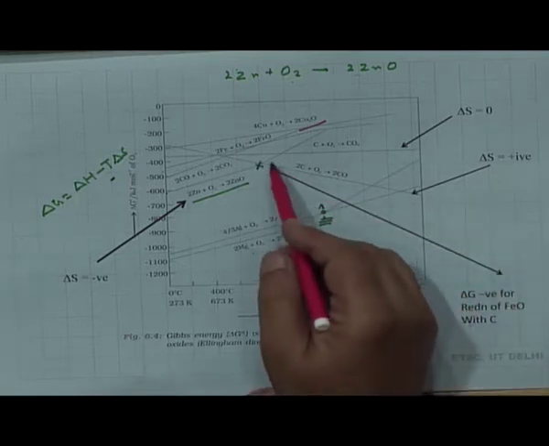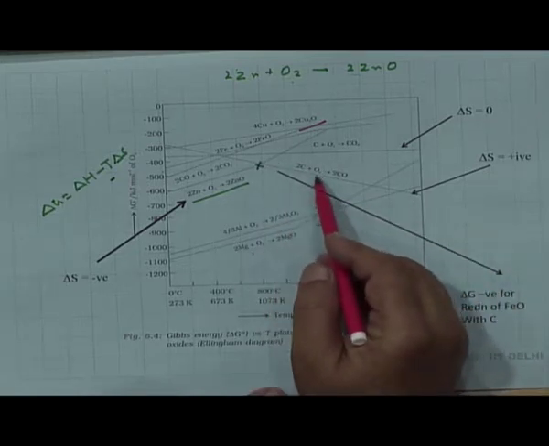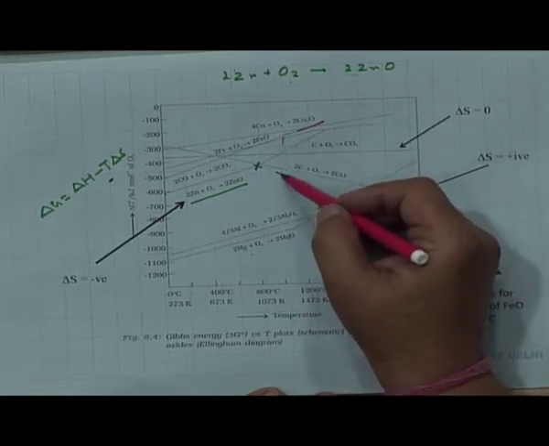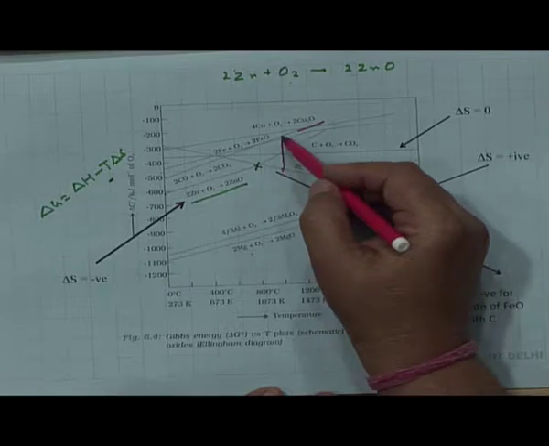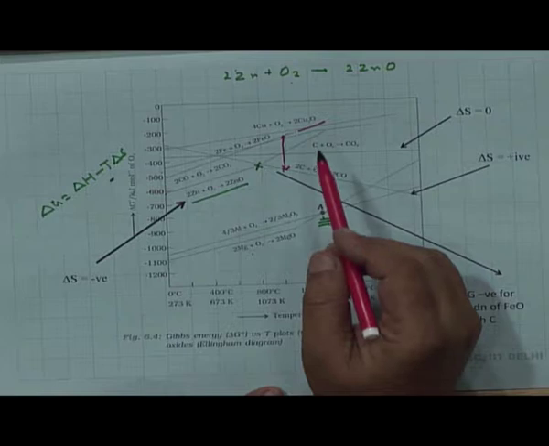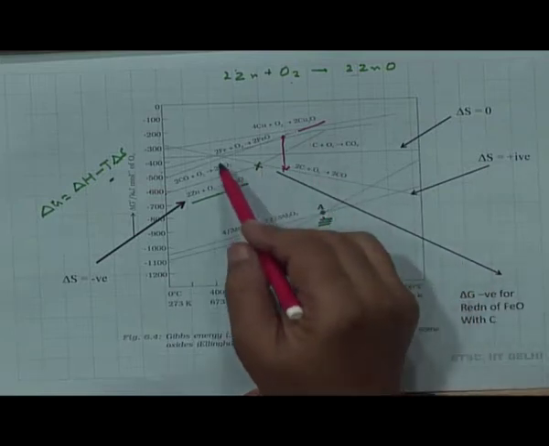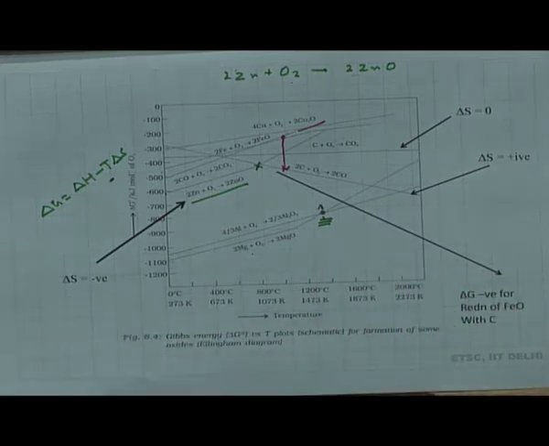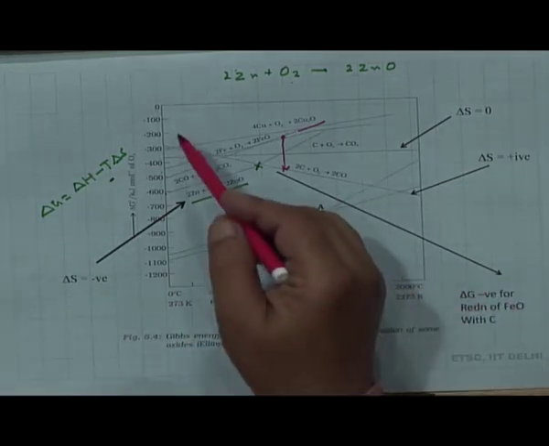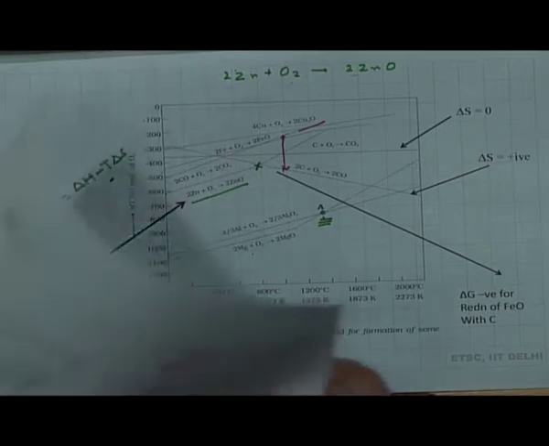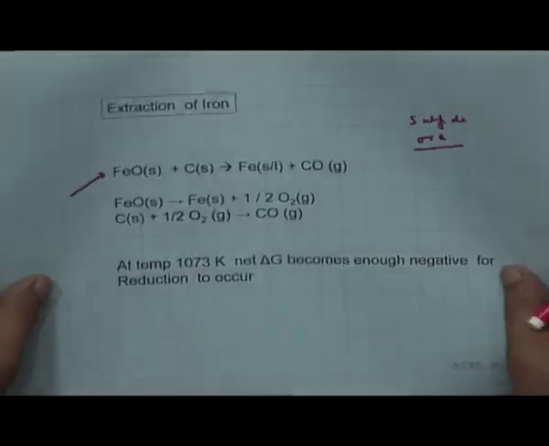But as the temperature increases, this gap between these two plots goes on increasing. So, if you want to reduce iron, carbon is a suitable reducing agent, but this you cannot do at a temperature of say 200 degree centigrade. You have to raise the temperature so that overall delta G is negative.